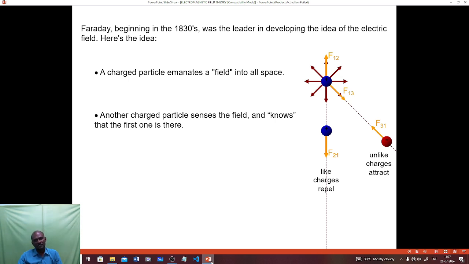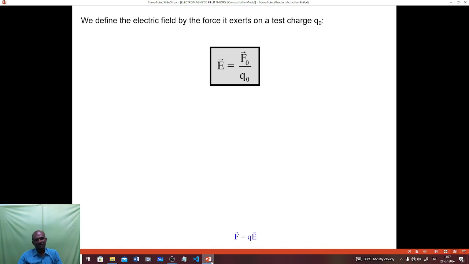F12 is the force between charge 1 and 2. F13 is the force between 1 and 3. So every charge exerts a force on the nearby charges. They may be attractive or repelling according to the magnitudes.